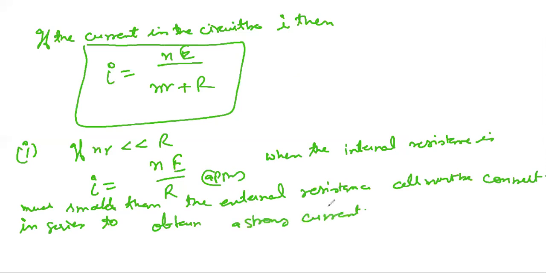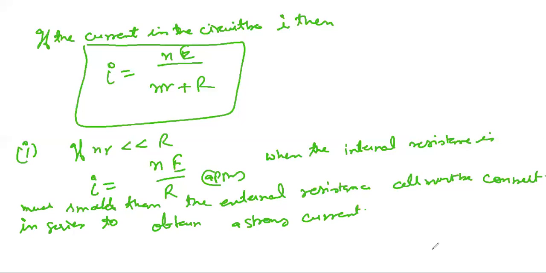Do you have any kind of problem? No, sir. Sir, what you have written after cell? When the internal resistance is much smaller than the external resistance, put a full stop here, because from here you will get the next step.